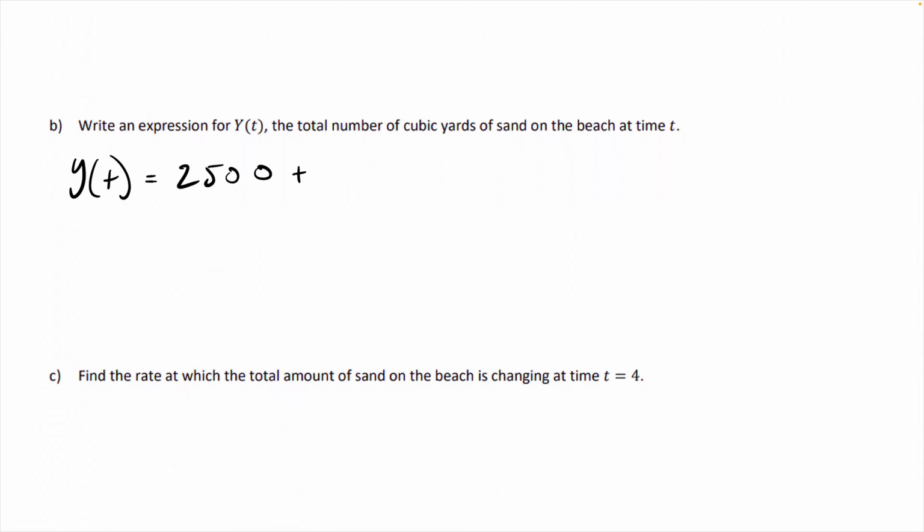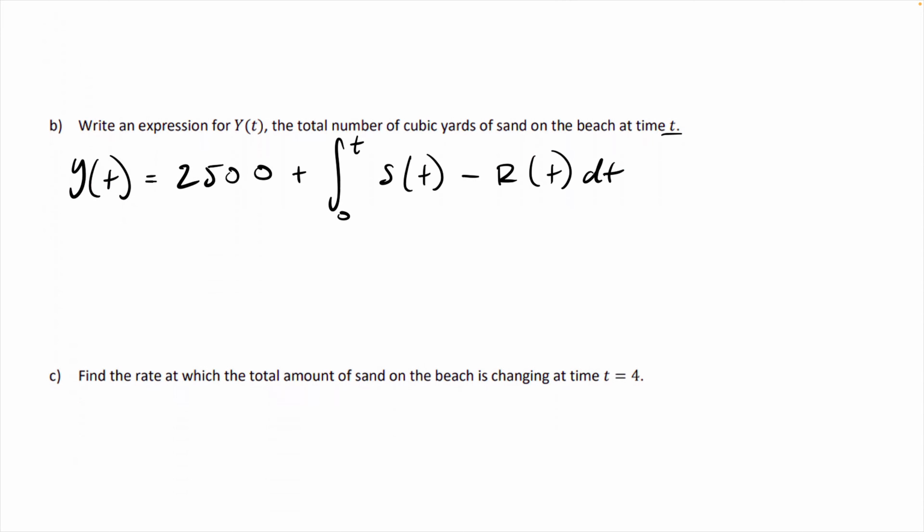How much is entering, how much is coming on, minus how much is leaving. That's where our integral is going to come from. It didn't say specifically what time, it just said t, right? So we're going to go from 0 to t. We're going to say S of t minus R of t dt.